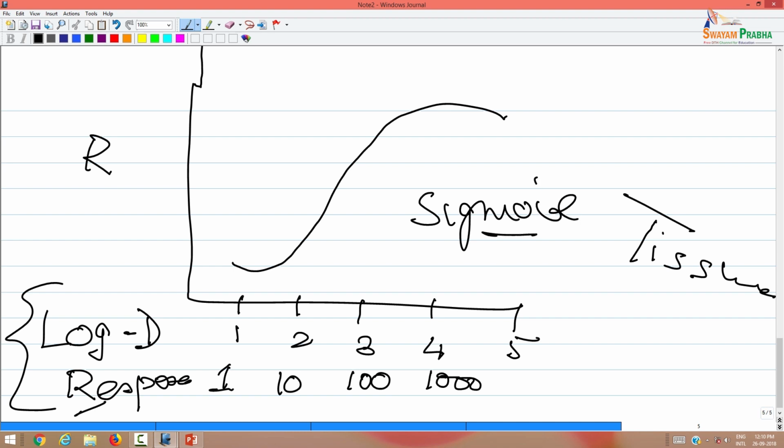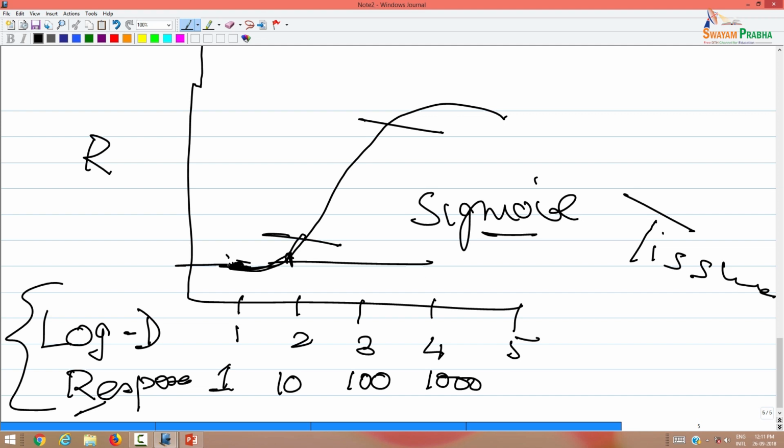Now, you see the sigmoid graph has a typical 3 character, one here, one here, and one here. This is the graph where you see that at this stage the effect is almost nil. That means this does not produce the response. This is the place where you have seen a response, that is called the sensitivity of the tissue.